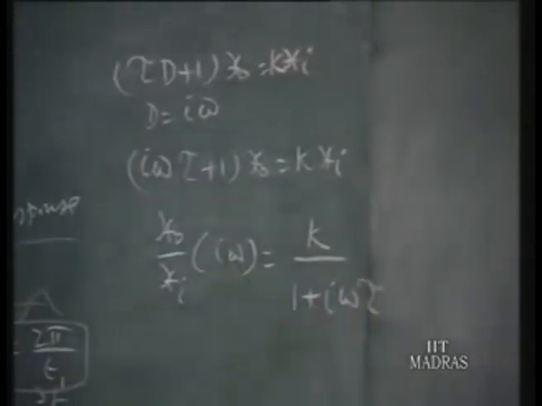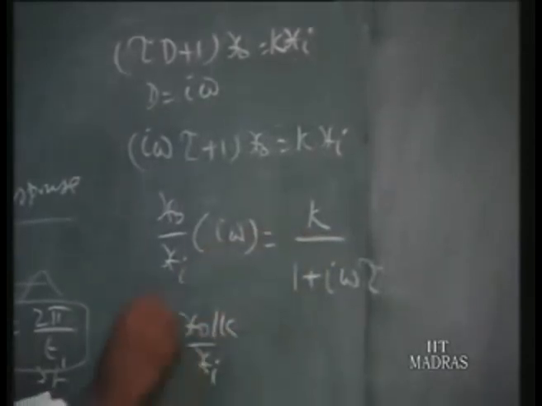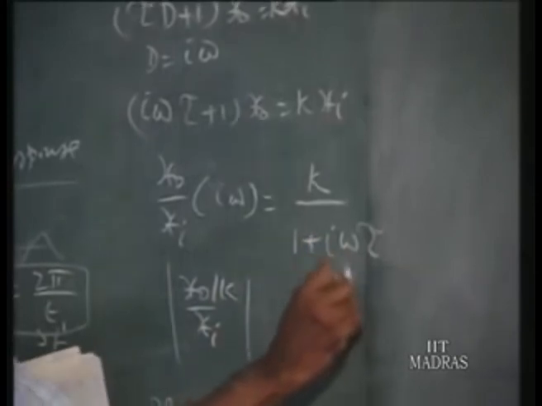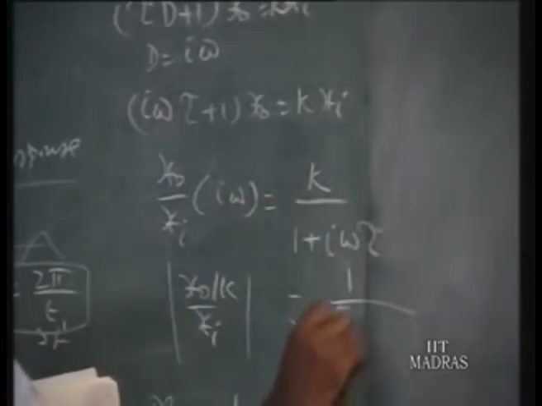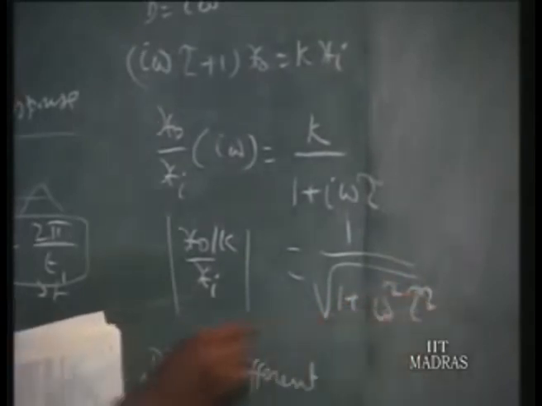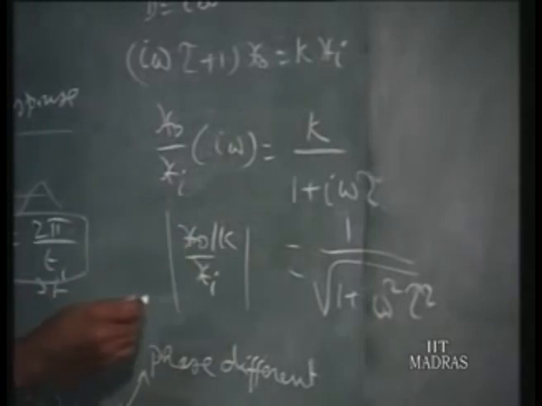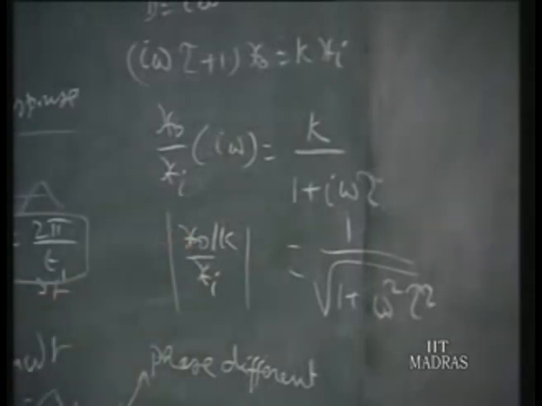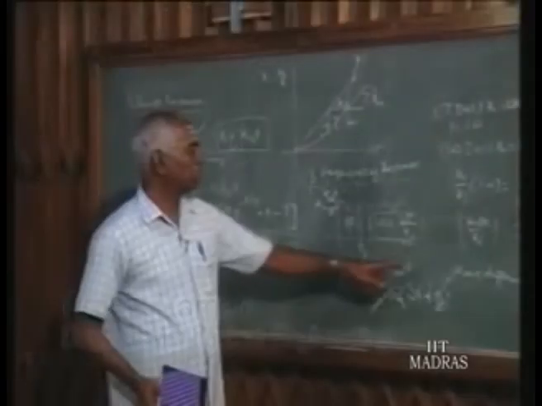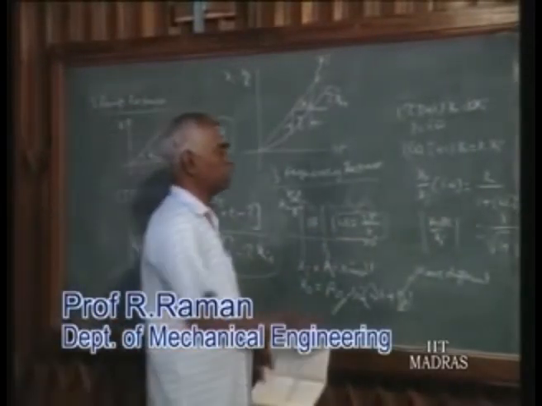This is a complex number. Its magnitude ratio is obtained as xo by xi. You can bring k to this side. The magnitude ratio is equal to 1 over the square root of 1 plus omega square tau square. Here AO by AI represents the amplitude of xo over the amplitude of xi, but it is written in terms of xo and xi.